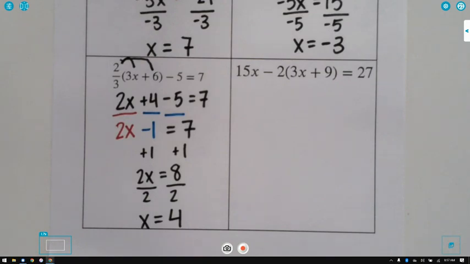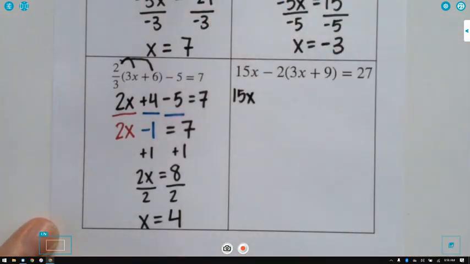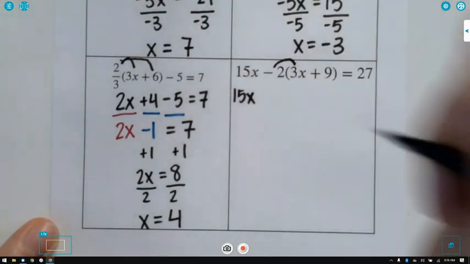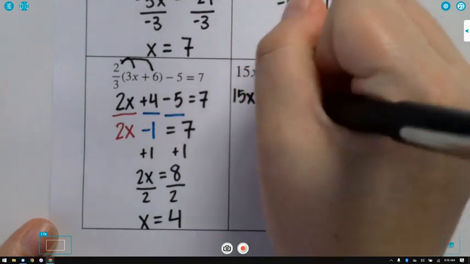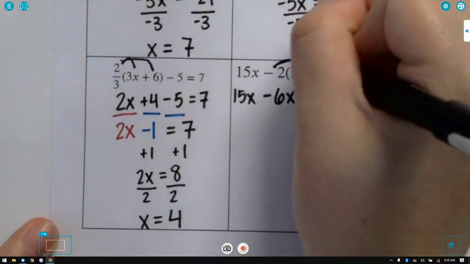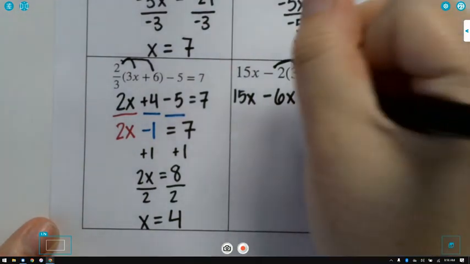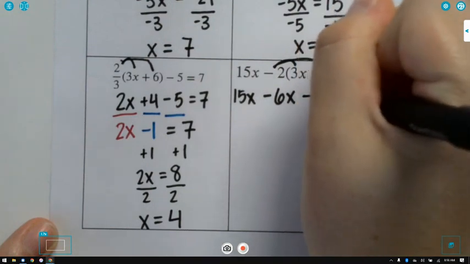So when you distribute it, think about it like a negative. So the 15x stays by itself, and then negative 2 times 3x is negative 6x. Negative 2 times 9. Negative times positive is negative. 2 times 9 is 18. So it's minus 18 equals 27.